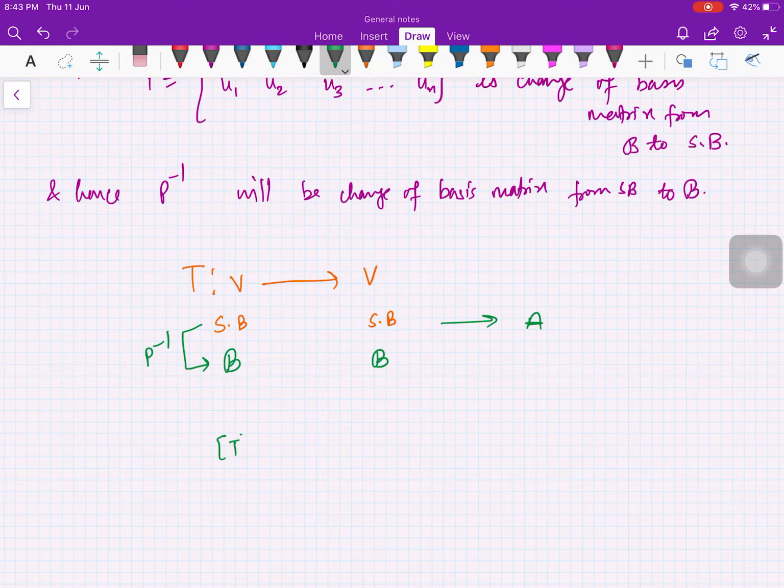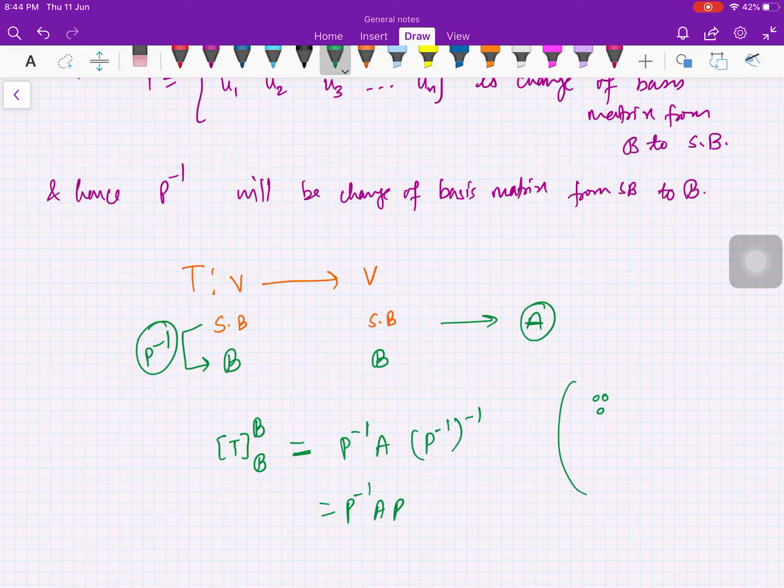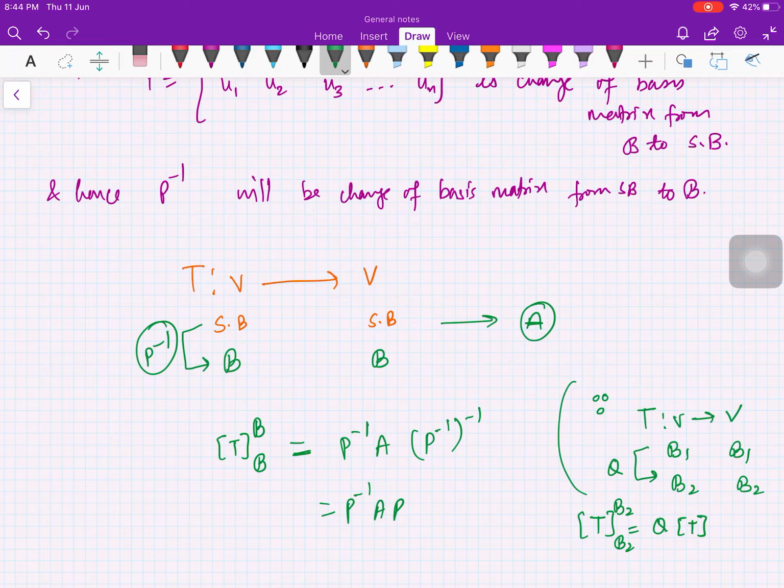Now you know the relation. What is the relation? That T beta beta, which is going to be a diagonal matrix, is P inverse A P. Why? Because we know that suppose you have T from V to V, there is a basis beta 1, there is a basis beta 2, there is a change of basis matrix Q, then the matrix representation of T with respect to beta 2 is Q into the matrix representation of T with respect to beta 1 into Q inverse.